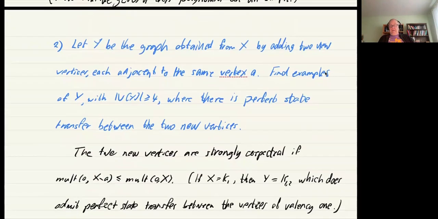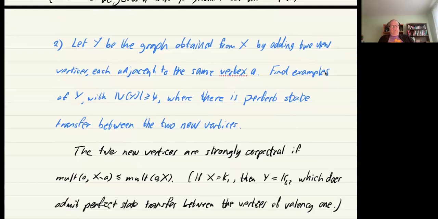Now, I'm taking a graph Y, and we're adding two new vertices to A, at the vertex A in Y. Now the question is, when is there perfect state transfer between the two new vertices?